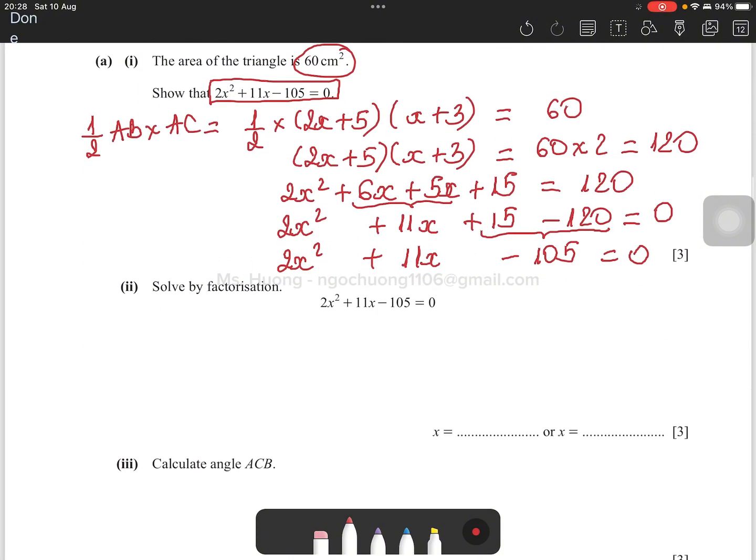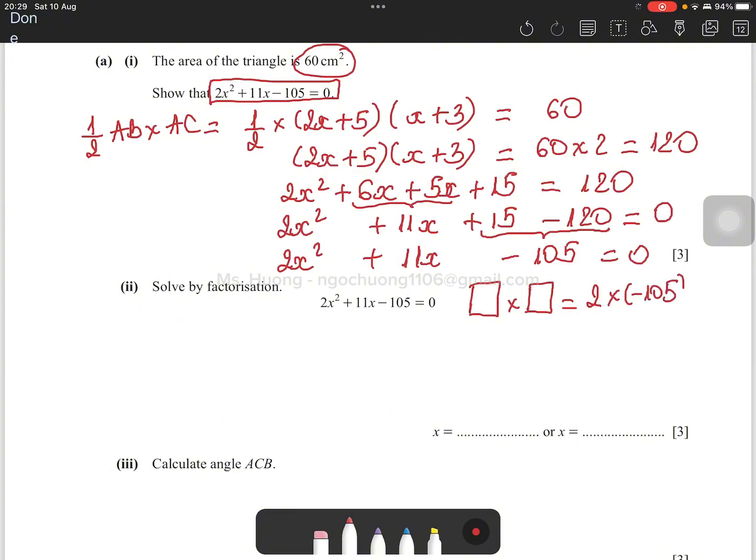Question B. Solve by factorization. Now we need to solve this equation. First, it is a quadratic, so we need to find two numbers that multiply to get the first coefficient times the last constant.